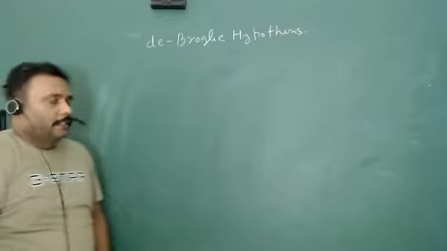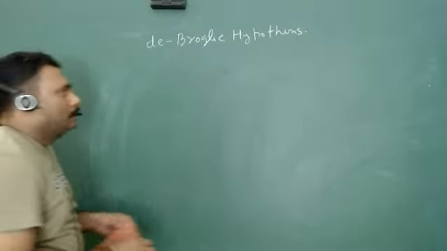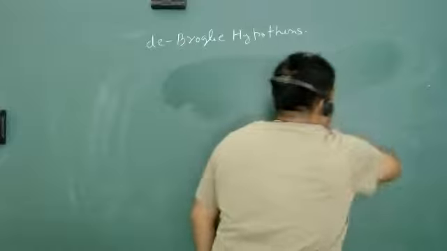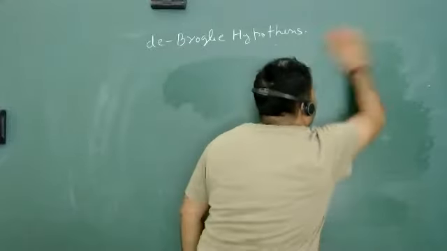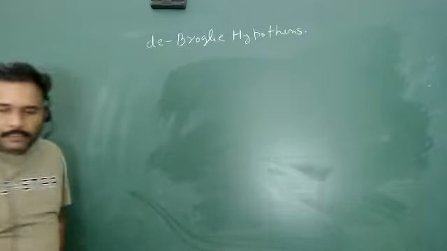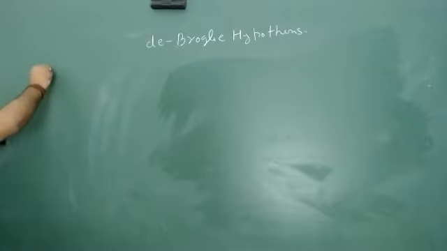What de Broglie said was an extraordinary assumption, which nobody could believe. But yes, it works. You will find it is going to work. He gave the concept of matter wave.